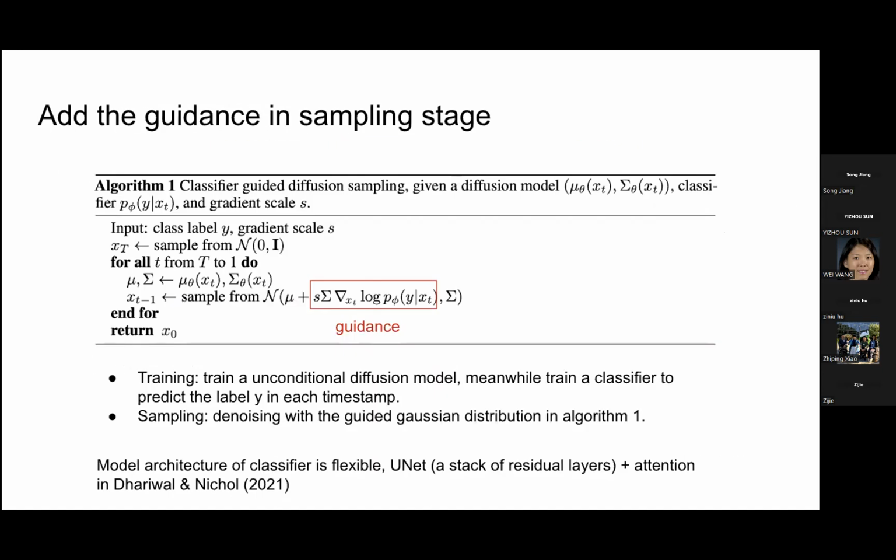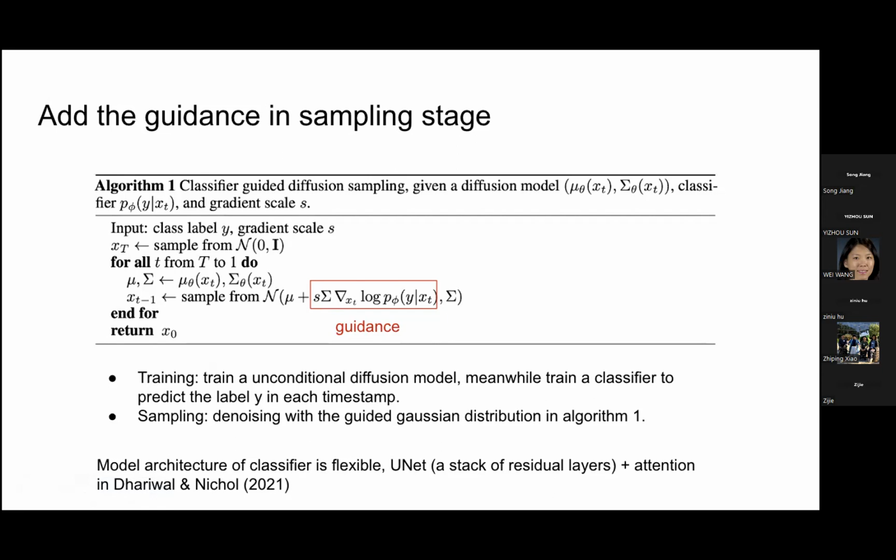Actually, it's very obvious, so I just put the training part. I didn't show the algorithm of the training part because training a diffusion model we already know, and training a classifier is standard. They could be trained separately, and the image and the label can just come from ImageNet.